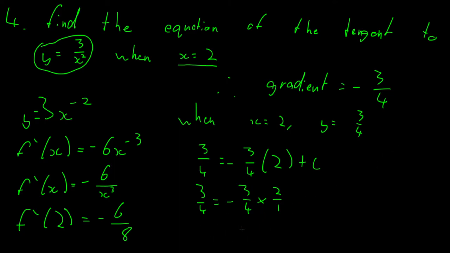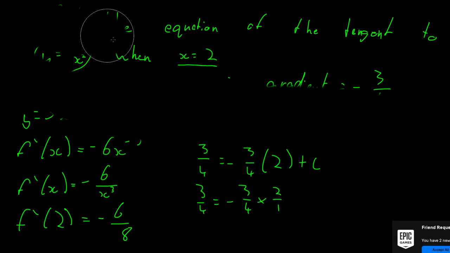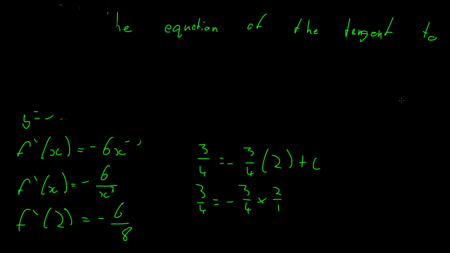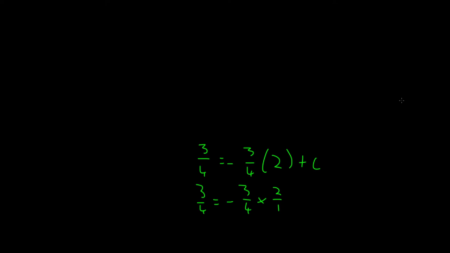Kind of running out of space here, so I'll bring this back up to the top. So we've got 3 on 4 equals minus 6 on 4 plus c, and if we put this onto the other side, we get 9 on 4 equals c.